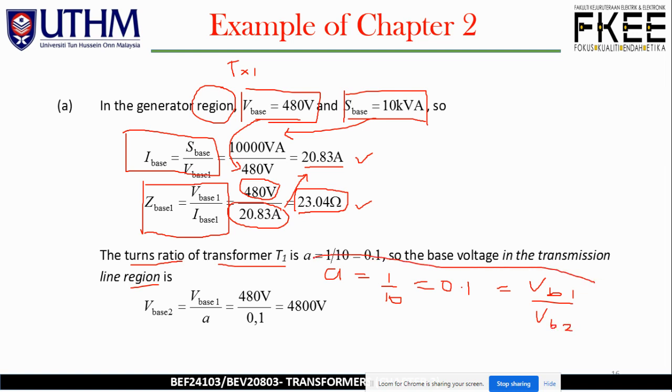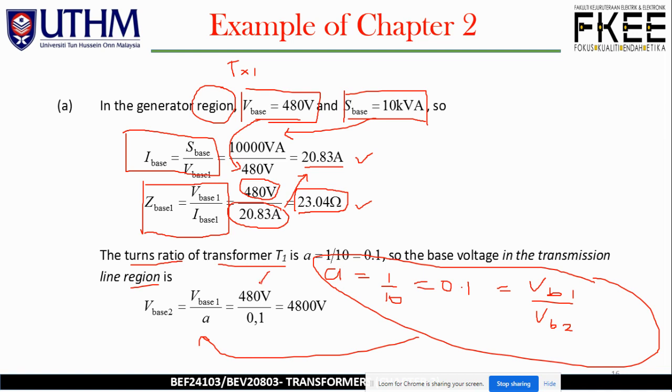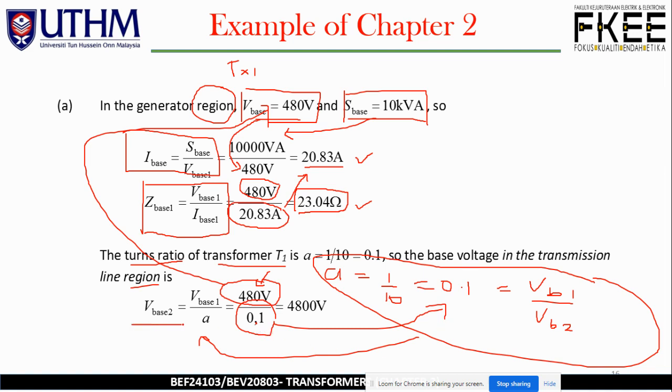Of course, you need to rearrange the equation and finally substitute the value of V base 1, which is provided in the question. This is not a comma but a dot, so 0.1 is the value of A. This gives V base 2 equal to 4.8 kilovolt.